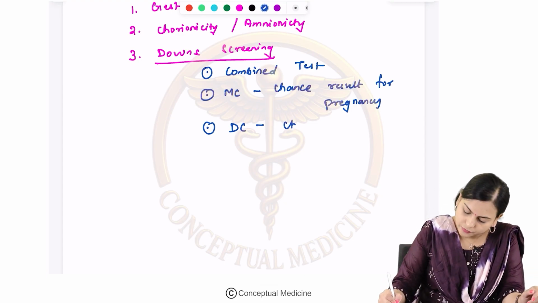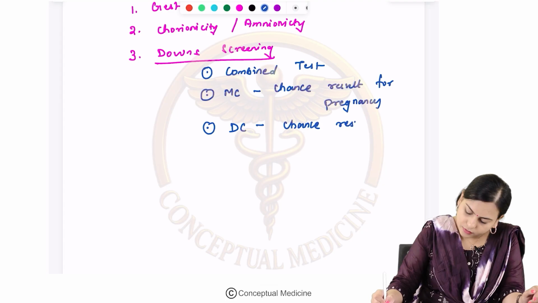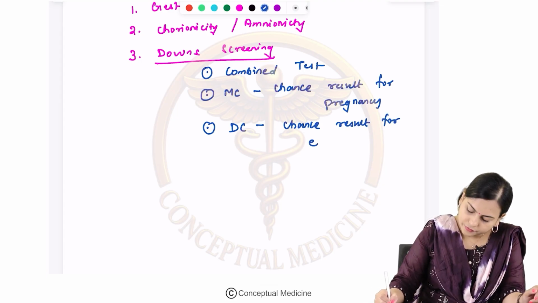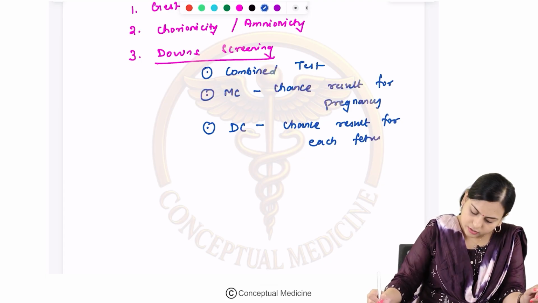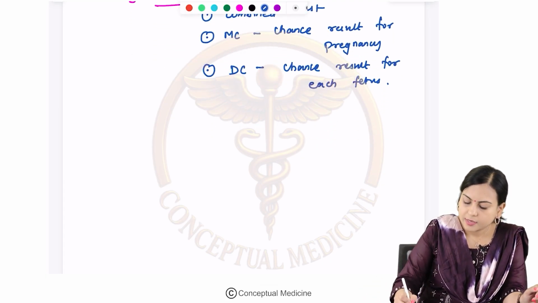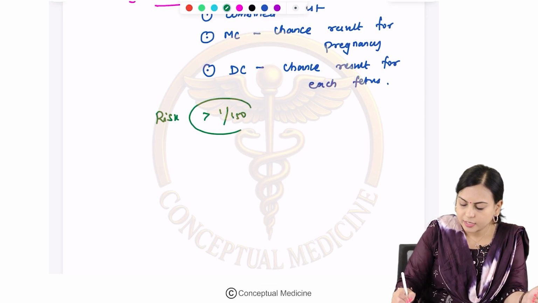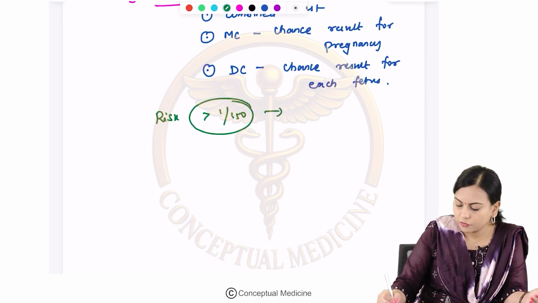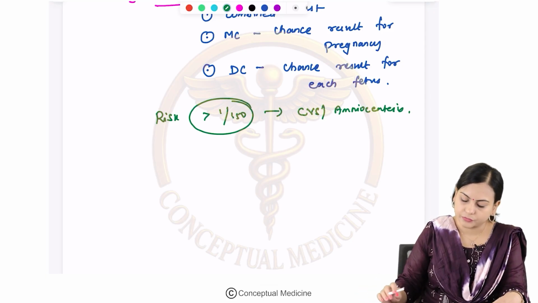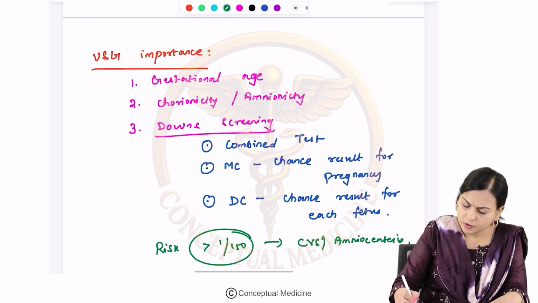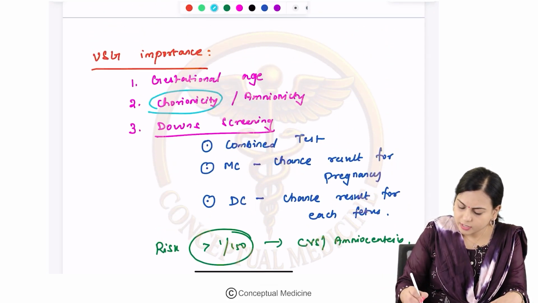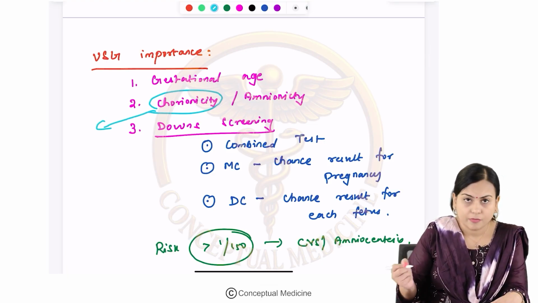Suppose the risk comes to more than 1 in 150, then you have to go for investigations like chorionic villus sampling or amniocentesis. Clear? Now, chorionicity refers to the number of placentas.